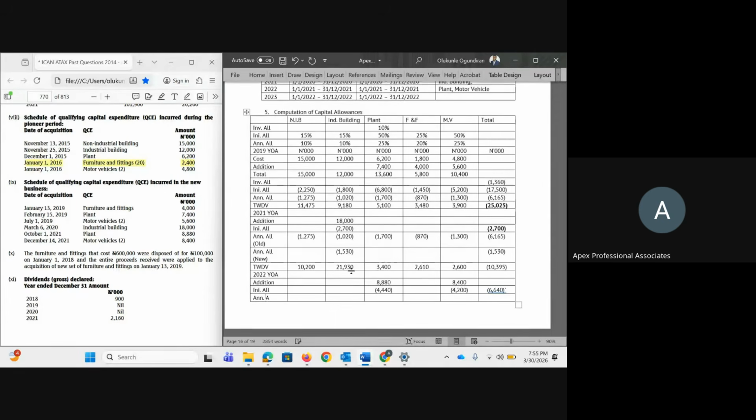Annual allowance of the old asset. Any figure I call, honestly, I don't have a calculator with me. I'm already using site computation, so it's necessary that you check the figures again. Do you understand? Yes, sir. 1275.